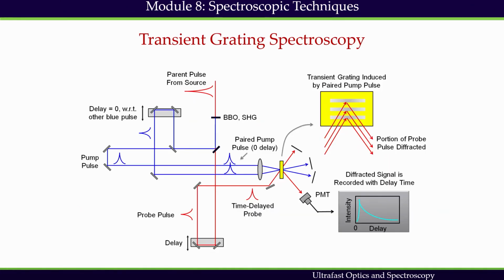Next we will discuss transient grating spectroscopy. Transient grating spectroscopy, which is also known as laser induced dynamic grating, is a time resolved spectroscopic technique based on third order nonlinear optical response.